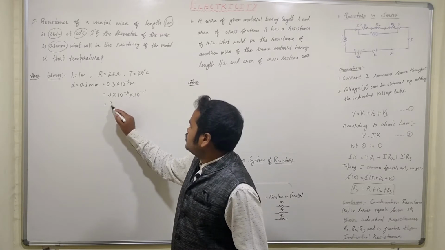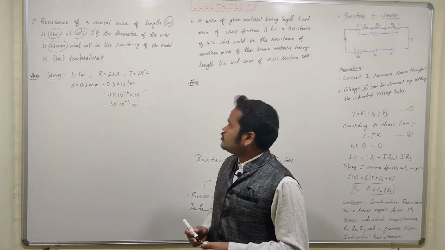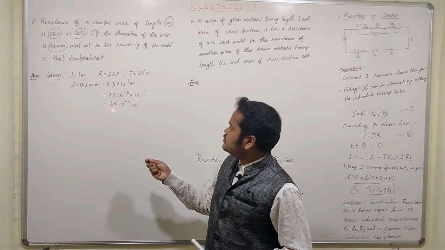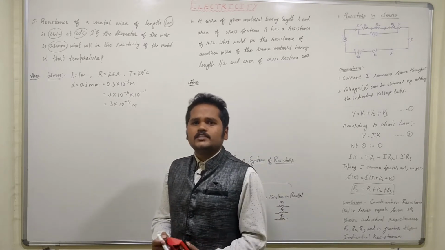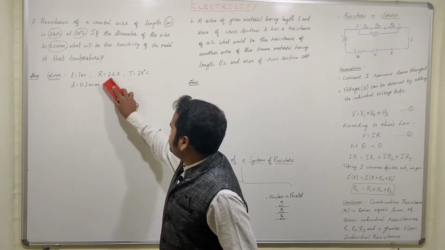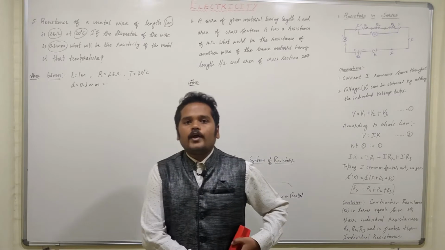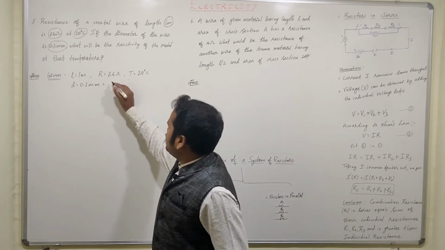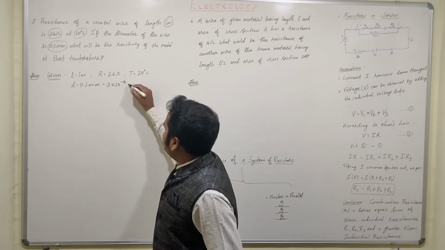So 0.3 mm can be written as 3 into 10 to the power minus 4 meter.